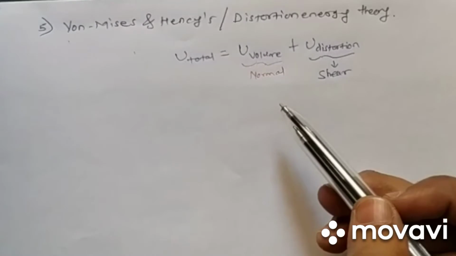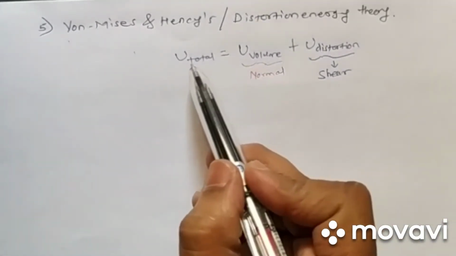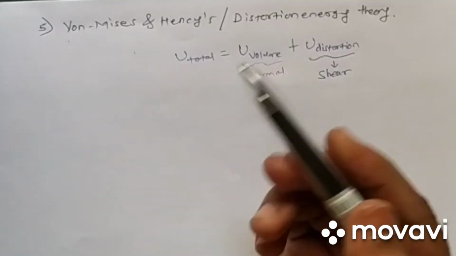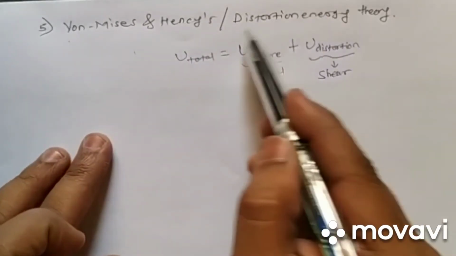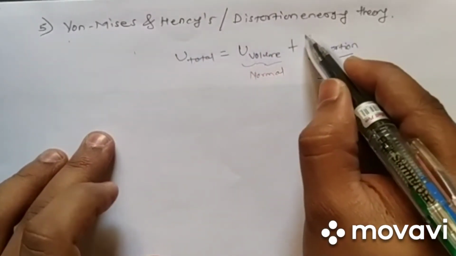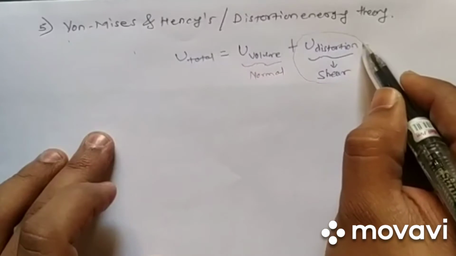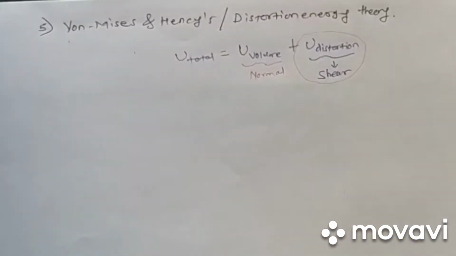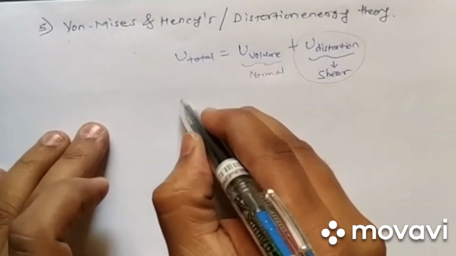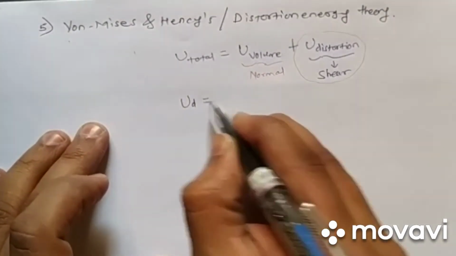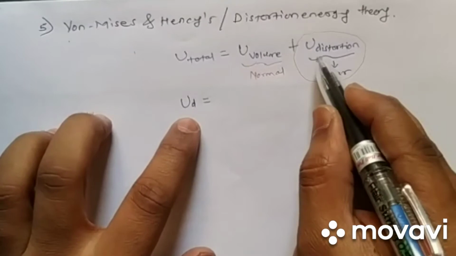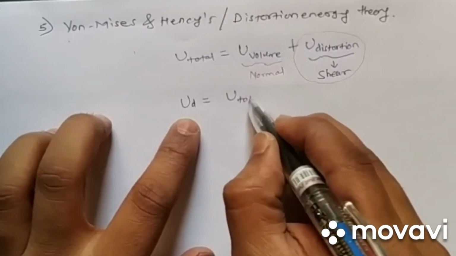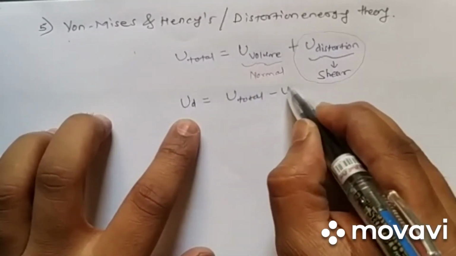This is our total strain energy. So this theory is related to distortion energy. We are focusing on this, so we can write from this equation that UD, the distortion energy, is nothing but U total minus U volume.